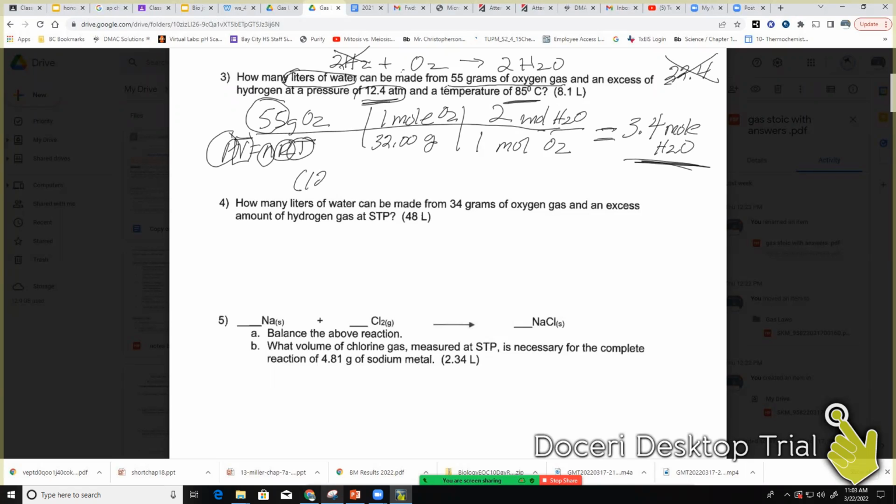My pressure is 12.4 atm. I'm interested in my volume, my moles, 3.4 moles.